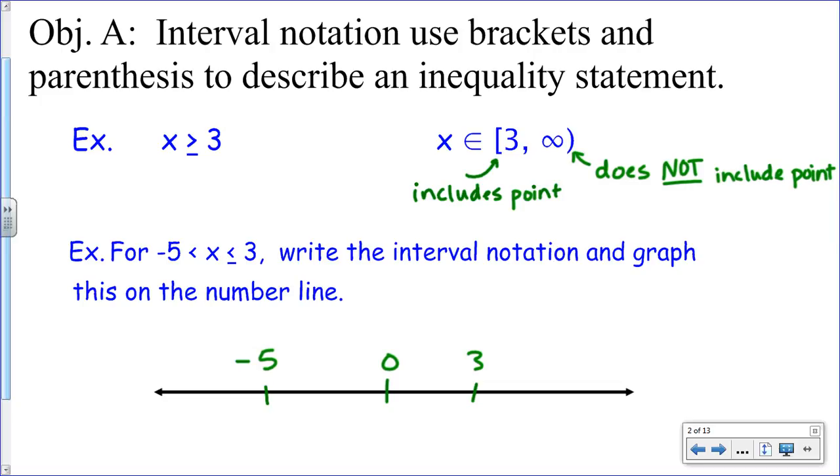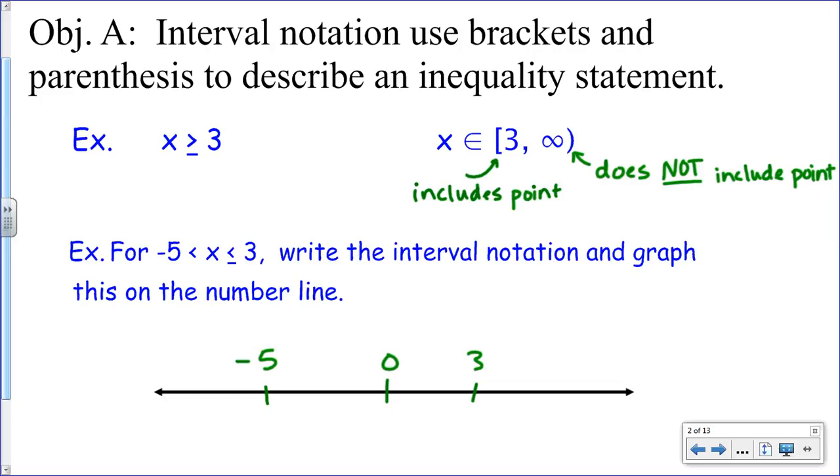So 0 doesn't really have anything to do with my solution. It just tells me, if this is where 0 is, -5 would be left of it, +3 would be right of it. When I read these inequalities, I always read from the variable. So x is greater than -5 and less than or equal to 3.